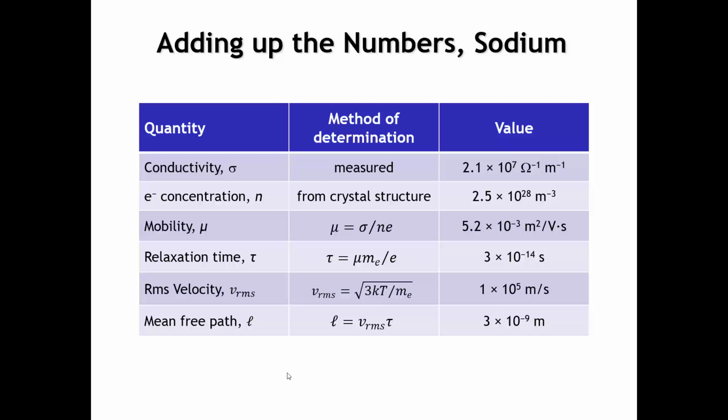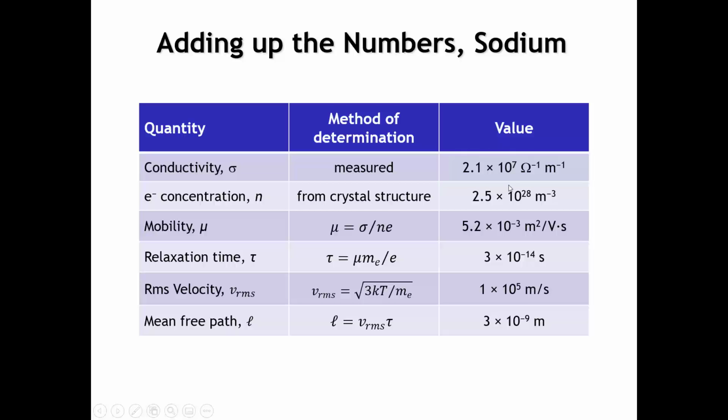Now let's put some numbers to this for a typical metal. So here I'm going to take sodium, which is a pretty simple metal because it just has 1 valence electron per sodium atom. And so what kinds of estimates do we get for these various parameters? Well, the conductivity at room temperature is 2.1 times 10 to the 7th.